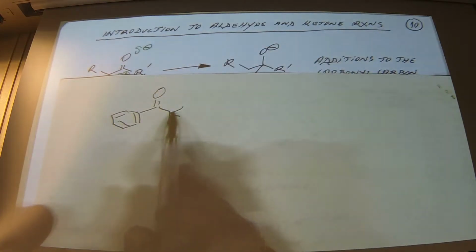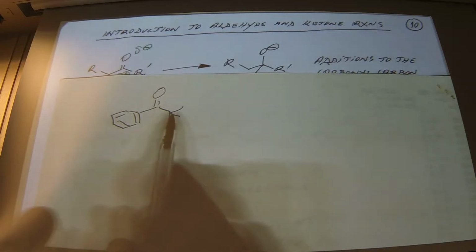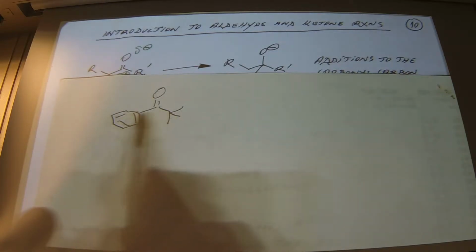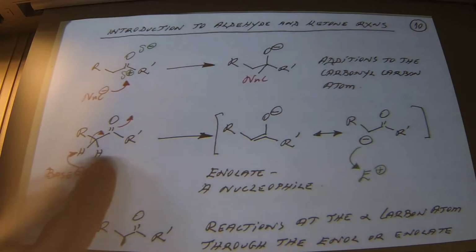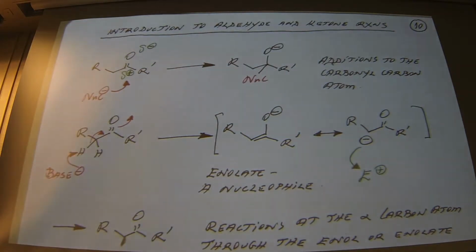If I have a phenyl group here and a tertiary butyl group there, then there's no alpha proton. Here are the two alpha carbons, but they're fully substituted by carbon. No alpha proton, so you're not going to be able to see this kind of reactivity unless you have at least one alpha proton, okay? So just make sure that you recognize that.